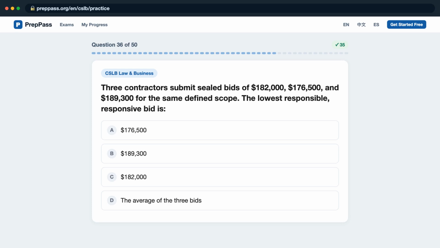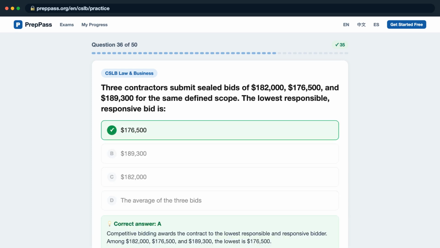C, $182,000? D, the average of the three bids? The correct answer is A. Competitive bidding awards the contract to the lowest responsible and responsive bidder. Among $182,000, $176,500, and $189,300, the lowest is $176,500.